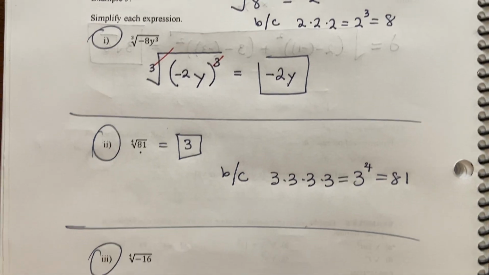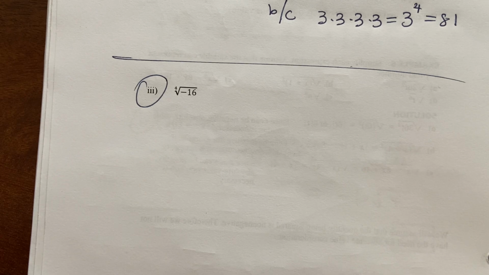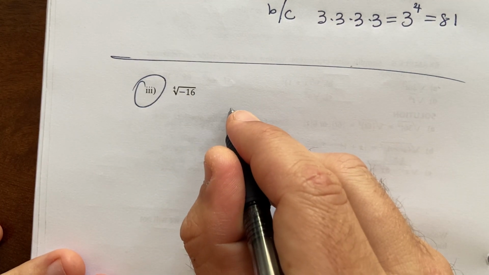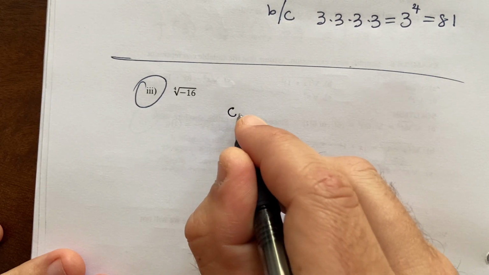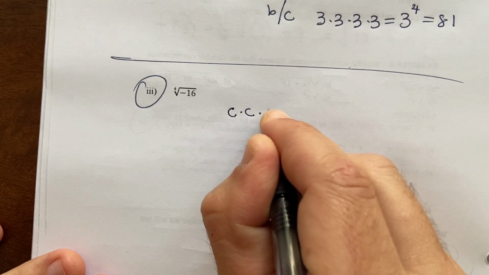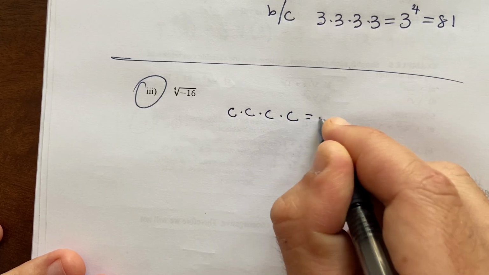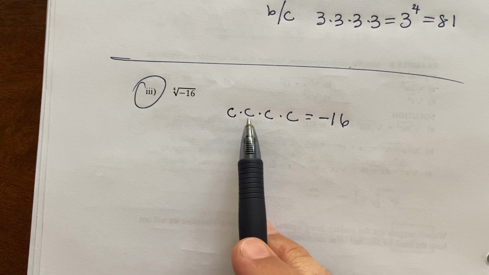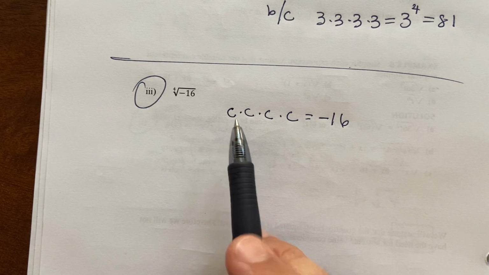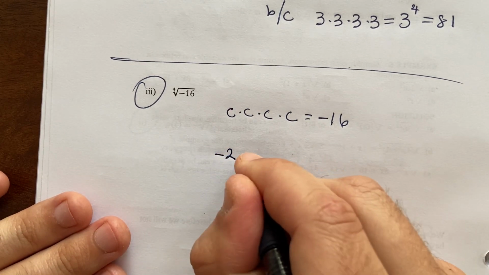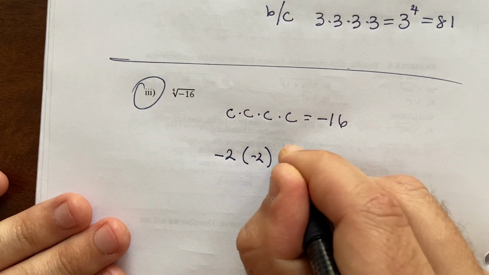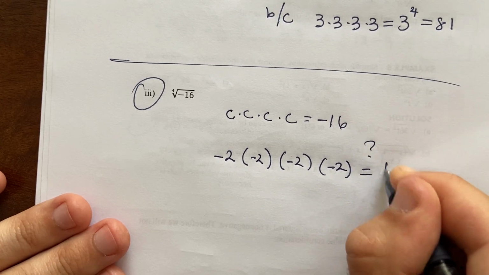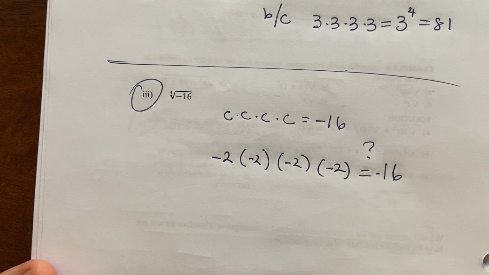Okay, so on to this one. The fourth root of negative 16. What this would mean is that I'm looking for something times itself 4 times that equals negative 16. So each factor needs to be the same number. Maybe we think, what if it's negative 2? Negative 2 times negative 2 times negative 2 times negative 2. Is that equal to negative 16?